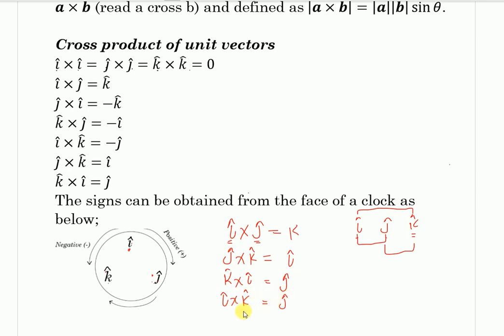But it is negative or positive depending on whether you are moving clockwise or anti-clockwise. From i to k, this type of motion is anti-clockwise, so this is negative.